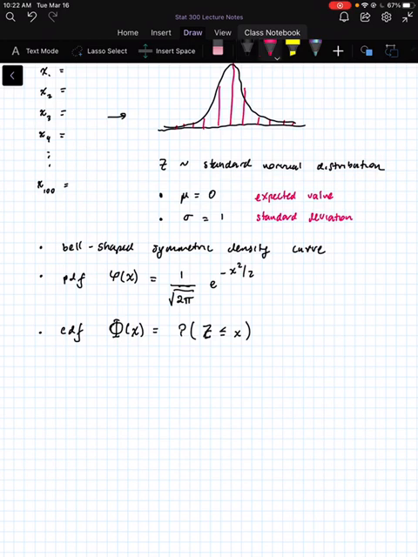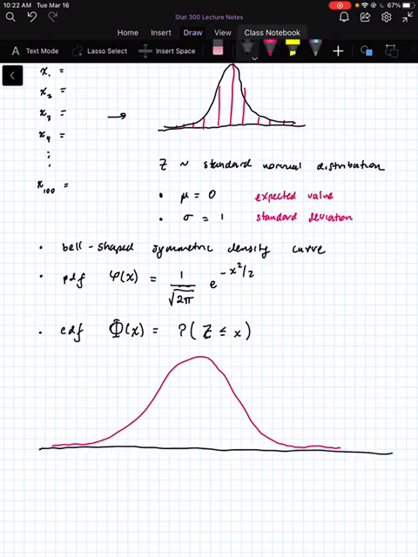So remember, what we're actually looking at now is a density curve that looks like this. It takes on values between negative infinity and infinity, but it has its peak at 0. It's perfectly symmetric, so the tail regions are of the same size either way you're looking at it.